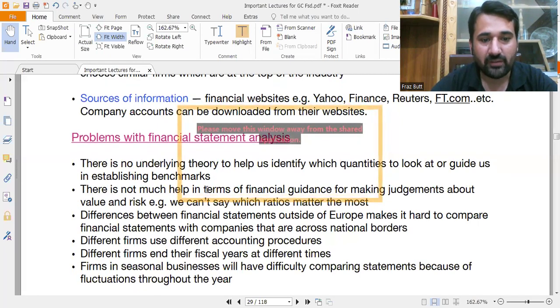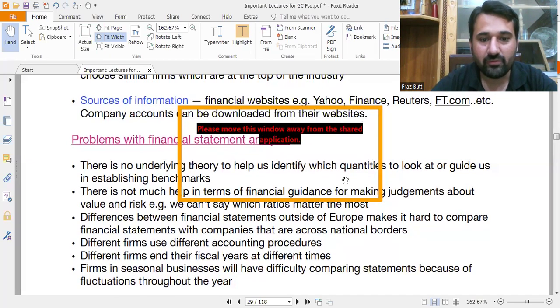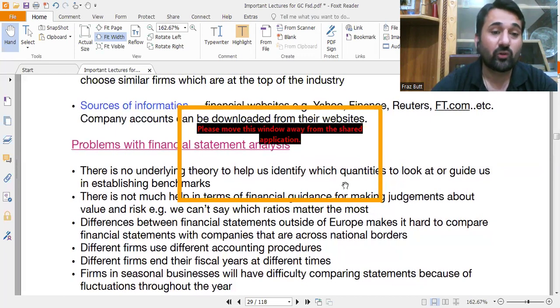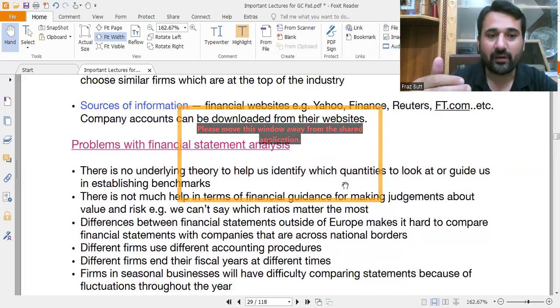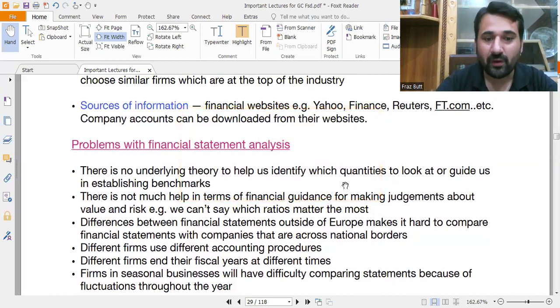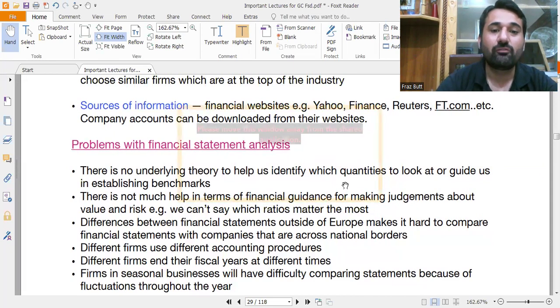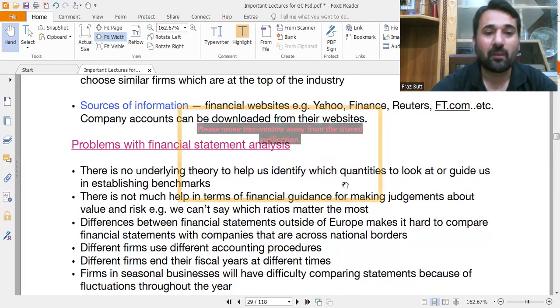Then there is not much help in terms of financial guidance for making judgments about the value and risk. For example, we can't say which ratios matter the most. This is also another problem with financial statement analysis, that we cannot say that the profitability ratios are more important as compared to the liquidity ratio or the asset turnover ratio. Which ratio is most important? This differs from company to company.